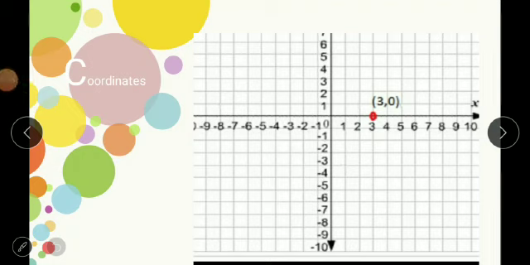The coordinates of a point on the x-axis are of the form x, 0, a, 0 or any positive number like 3, 0. It means the y coordinate of all the points on the x-axis is 0.